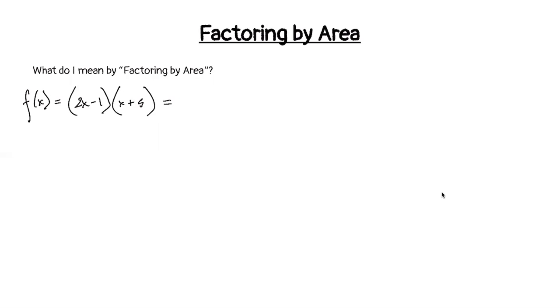That would have given you 2x squared plus 10x minus 1x minus 5, or after you combine your like terms, 2x squared plus 9x minus 5.